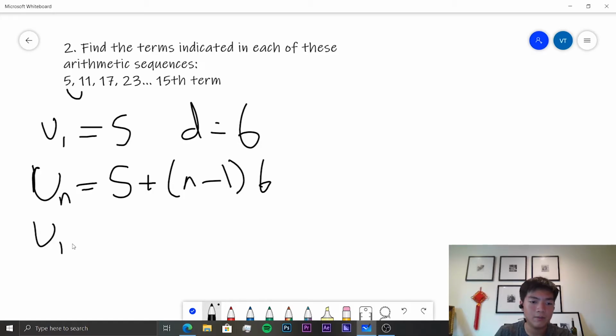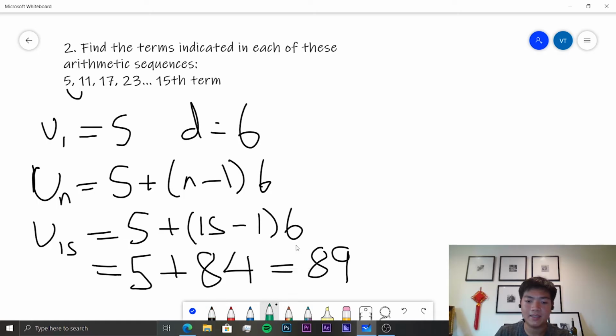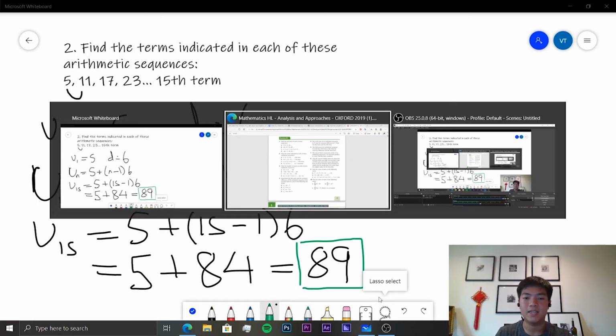So u15 is equal to 5 plus 15 minus 1, which is 14, times 6. So this is equal to 5 plus 84. That's equal to 89, and that is our final answer.